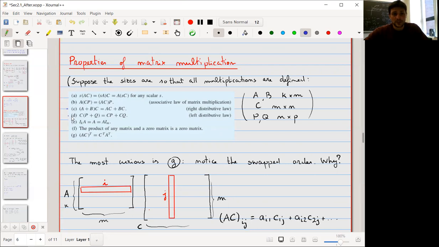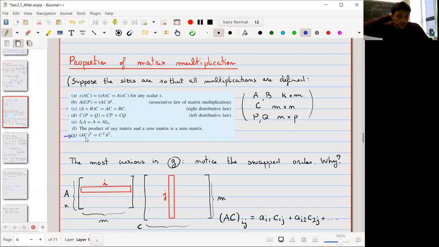These are different properties because matrix multiplication does not commute, as we said in the last video. So they need to be stated as different properties. Multiplying any matrix by an identity matrix gives back the matrix itself, and multiplying it by a 0 matrix gives back a 0 matrix. Now let's have a look at this last one.